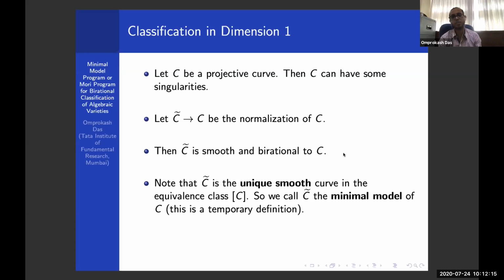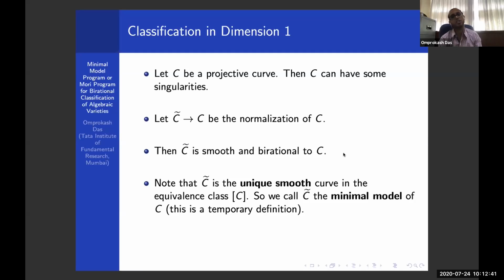For example, the previous example that I gave you, y equal to x, the cusp and the node, those three curves all belong to the same equivalence class. And the line y equal to x is the unique member that is smooth, if I projectivize it, of course. So it will be projective. So C tilde is the unique smooth projective curve in the class of C.